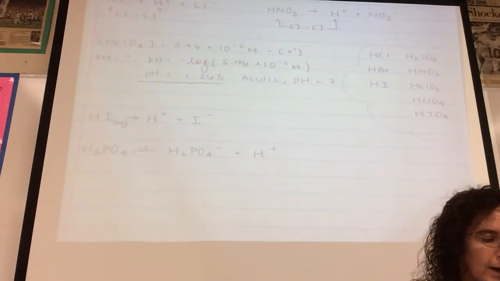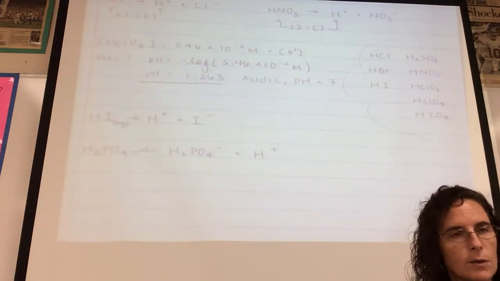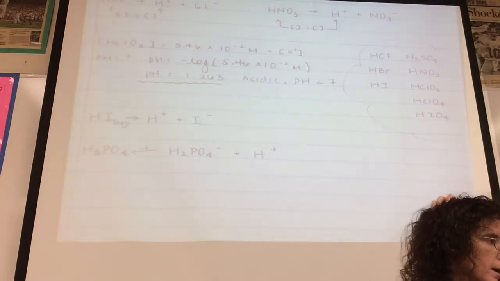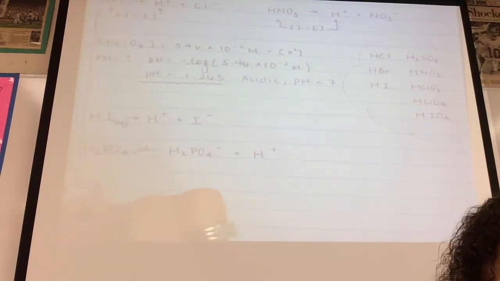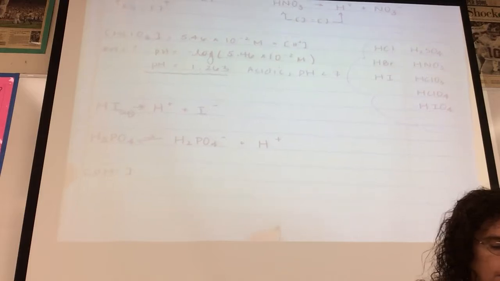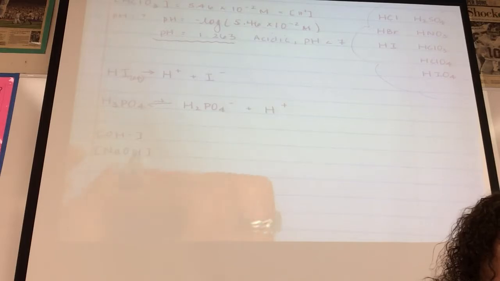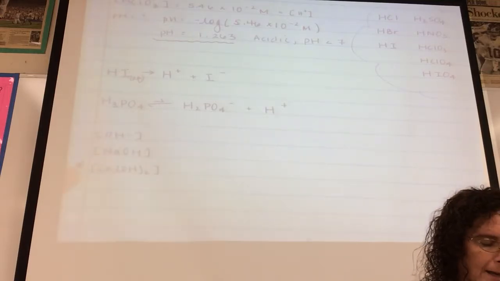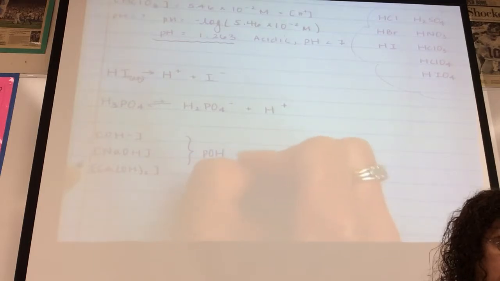All right, so for the strong acids, or if they give you proton concentration, very straightforward, pH is equal to the negative log of the proton concentration. In contrast, if you're given either the concentration of hydroxide ion or the concentration of a strong group 1 base or the concentration of a strong group 2 base, with one caveat here which we'll get to, when they do this to you, you're going to solve for POH and then you'll convert to pH.